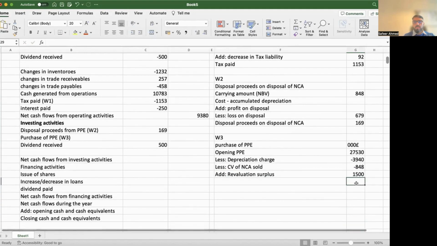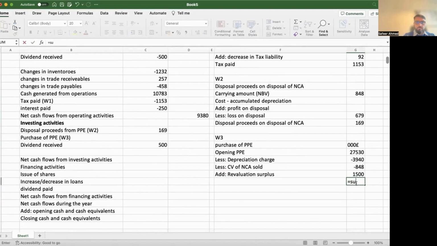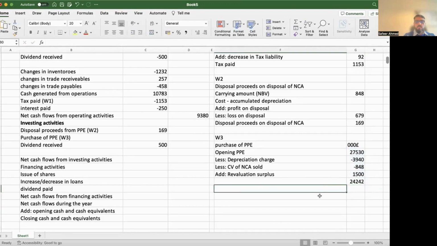So whatever amount you get here, you deduct from it property, plant and equipment closing, which is at the end of this year, whatever is given to you as part of your statement of financial position for this year.